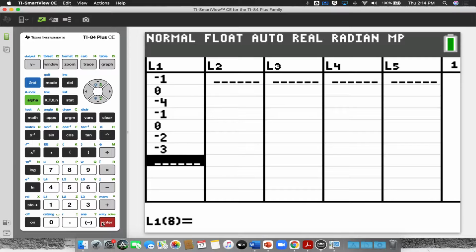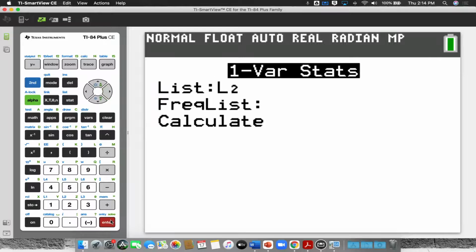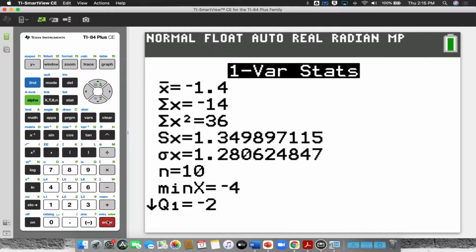Negative 2, 0, negative 1, negative 2, 0, negative 1. Should be 10 numbers, and yes, I have 10 numbers. Okay. So let me catch up. You guys are probably already past me. Let me catch up real quick. So my numbers are in L1. So negative 1.4, mean difference.